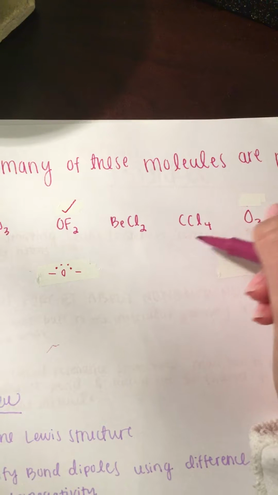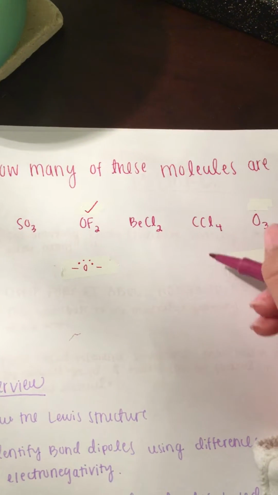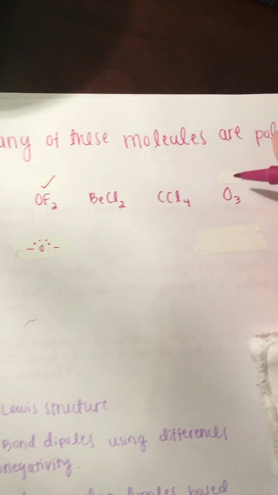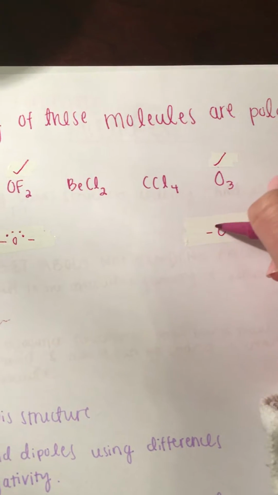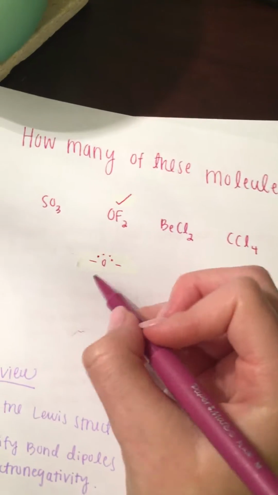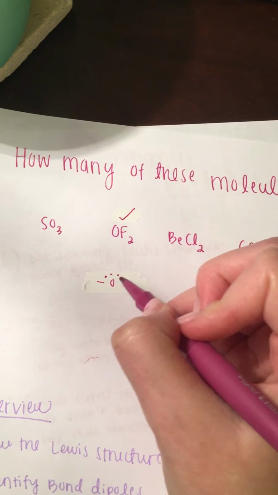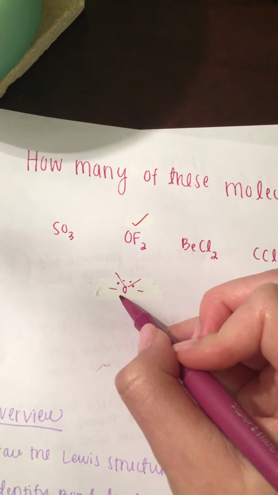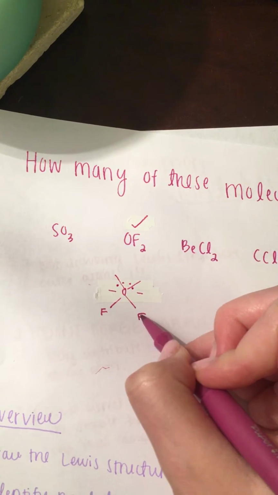Now, carbon and 4 chlorines had all the same dipoles, so they were nonpolar. And ozone was polar because of that non-bonding pair. These non-bonding pairs don't cancel out because they go like this compared to the two molecules that will come down here. So they can't cancel each other out.